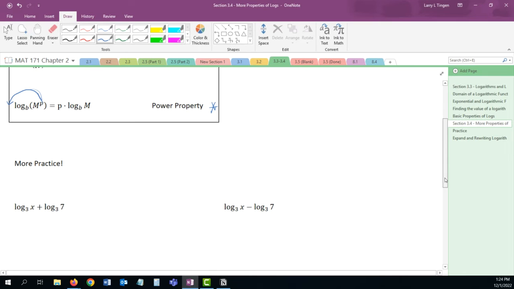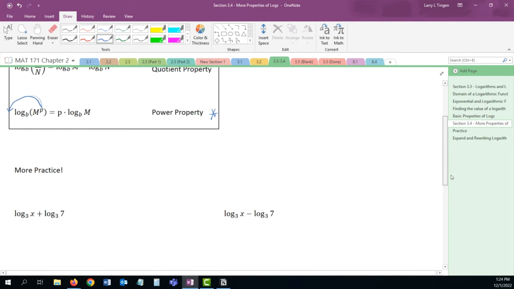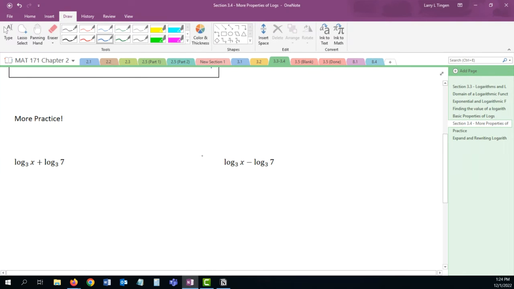So let's deal with some practice here, see if we can rewrite. The first two here, I have a sum of logs and a difference of logs. I'm going to rewrite these using the properties. Well, this is a sum on the outside. The product property says that if I have addition on the outside, I can rewrite that as multiplication on the inside.